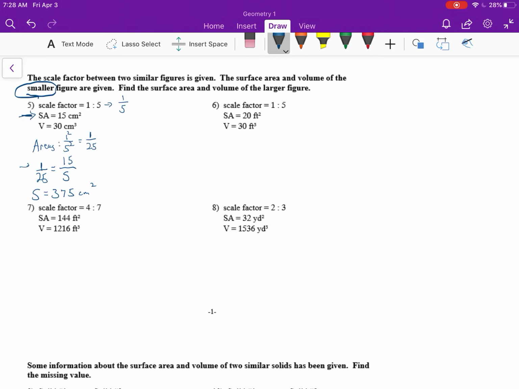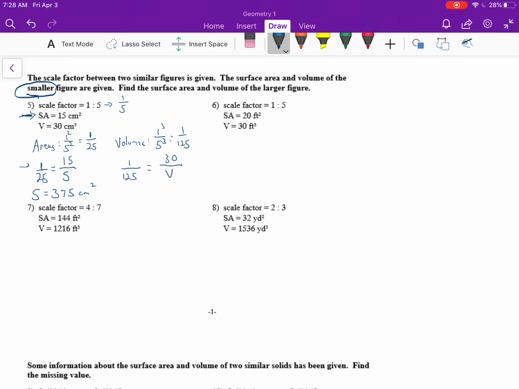So the ratio of the volumes is going to be 1 cubed over 5 cubed, which is 1 over 125. And so now we're going to do the same thing we did with areas. We have 1 over 125, that's our ratio of the volumes, and it is going to equal the smaller volume over the larger volume, which we don't know.